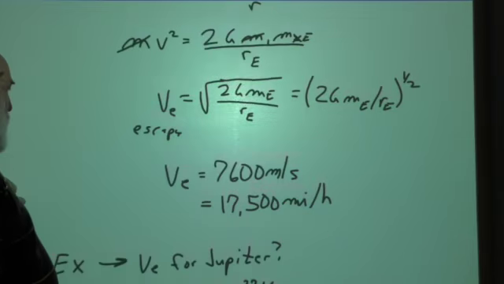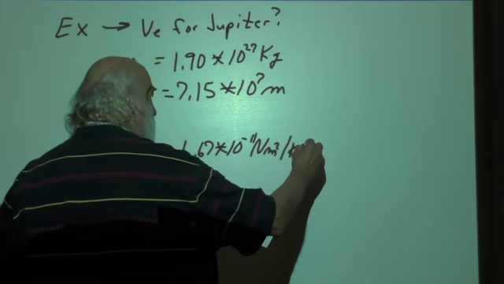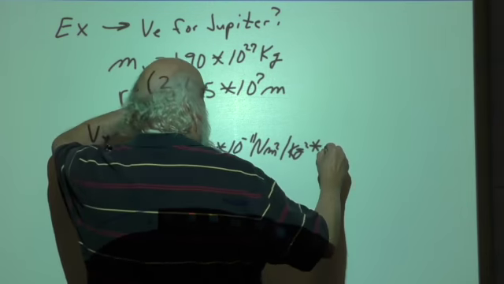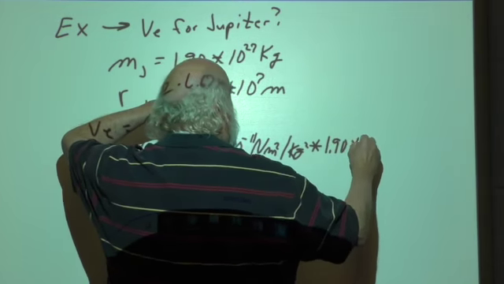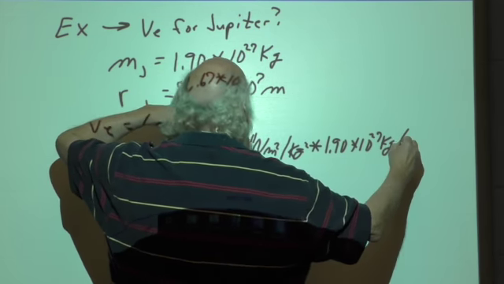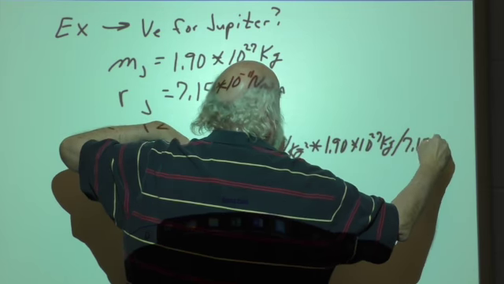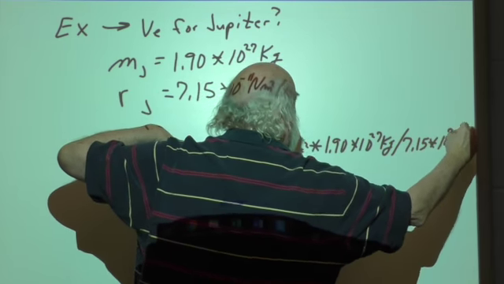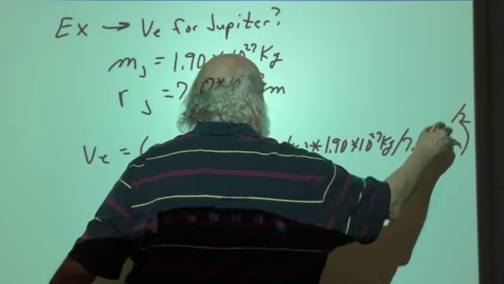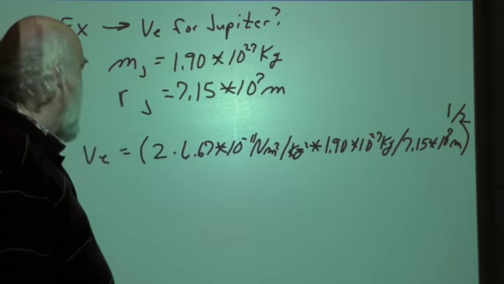Then the mass of Jupiter instead of the mass of the Earth, which we said is 1.90 times 10 to the 27 kilograms, divided by the radius of Jupiter, which is 7.15 times 10 to the 7th meters. And that whole thing is taken to the 1/2 power, the square root.